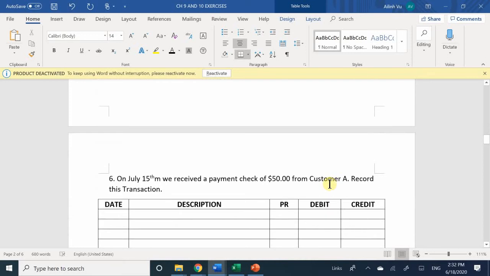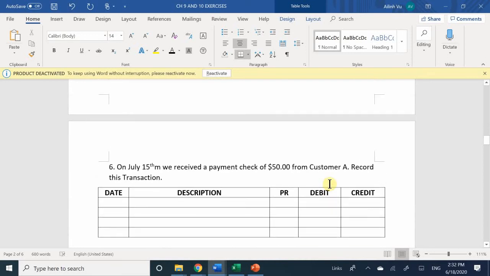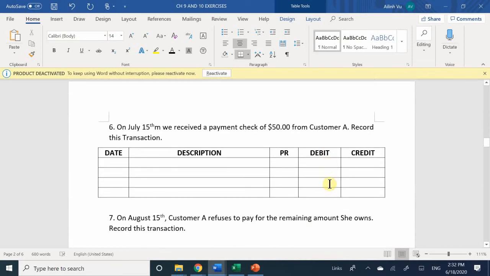Then on July 15, we received a payment check for $50 from customer A. Record this transaction. Checking and accounts payable. Okay, but which way?